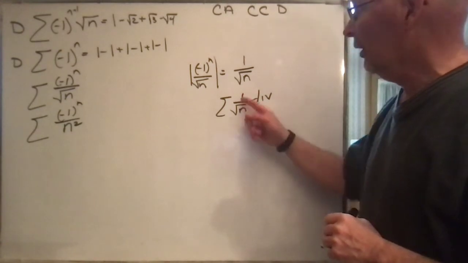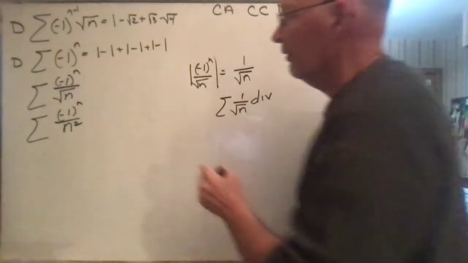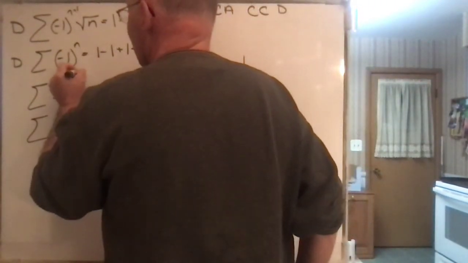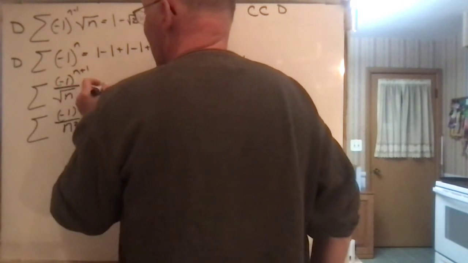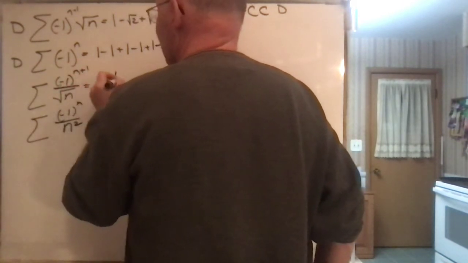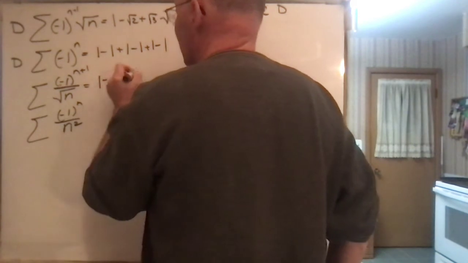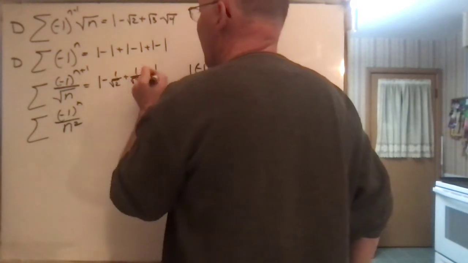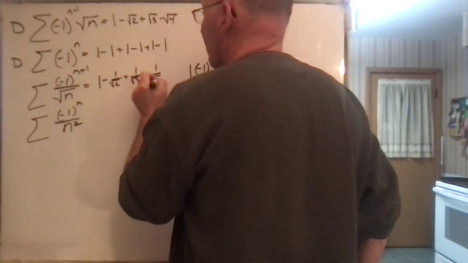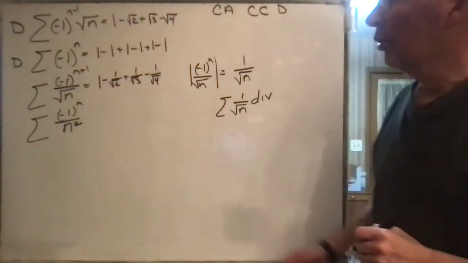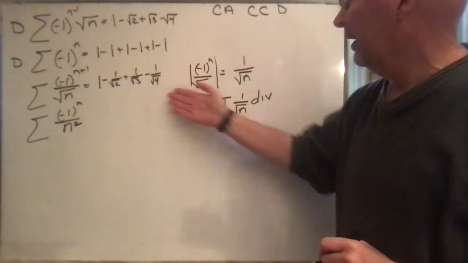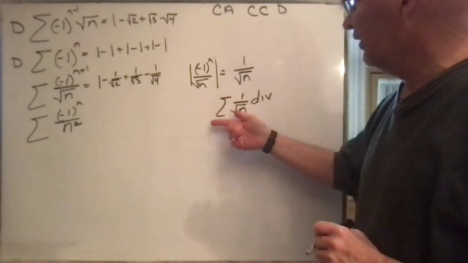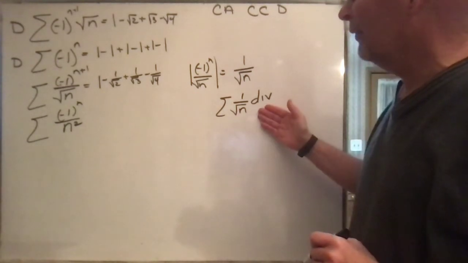It goes to 0, but not fast enough. This thing right here would look like: 1 minus 1 over square root of 2 plus 1 over square root of 3 minus 1 over square root of 4, and so on. They are not going to 0 fast enough. If you make them all positive, it would diverge.